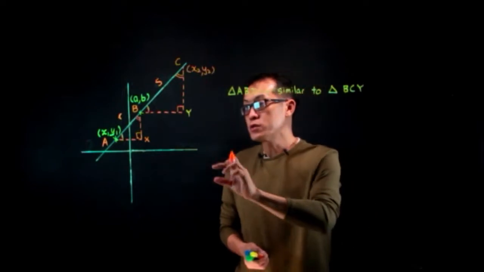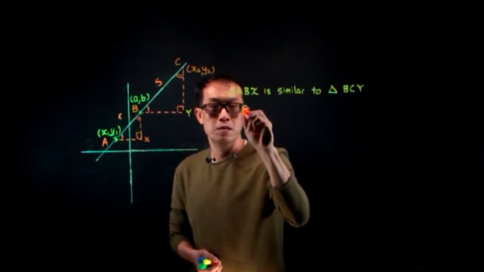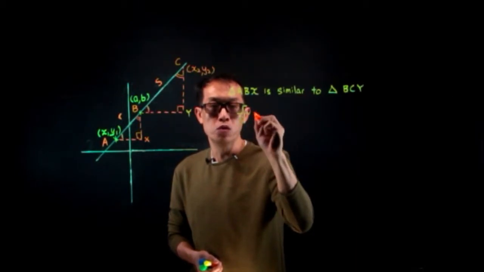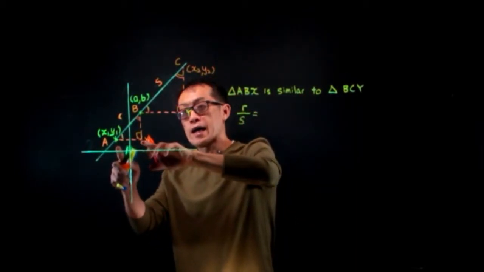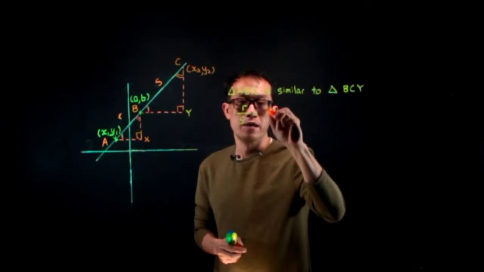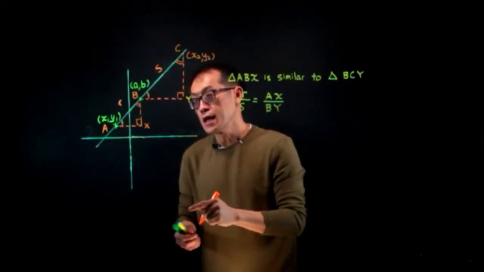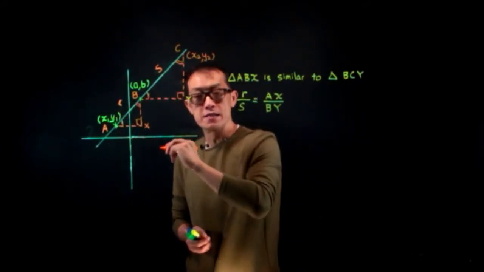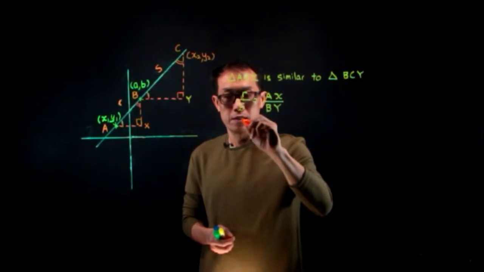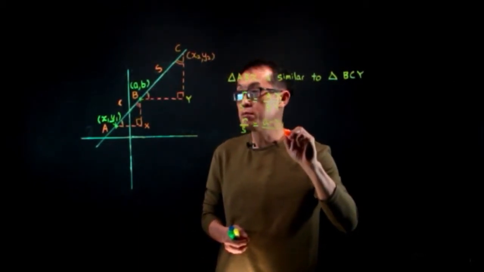Now, so we can use R over S equals AX over BY. Now, what is AX? AX is A minus X1. Now, what is BY?